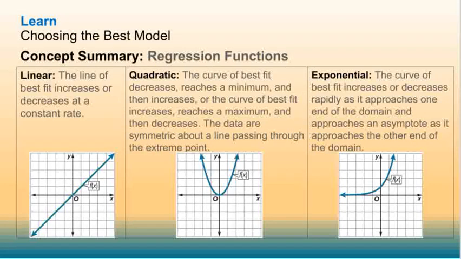The data are symmetric about a line passing through the extreme point, or the vertex. And then exponential, the curve of best fit increases or decreases rapidly as it approaches one end of the domain and approaches an asymptote as it approaches the other end of the domain.